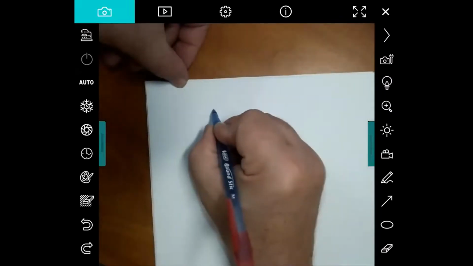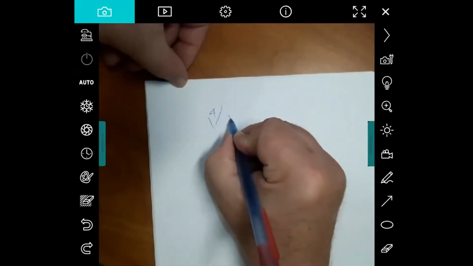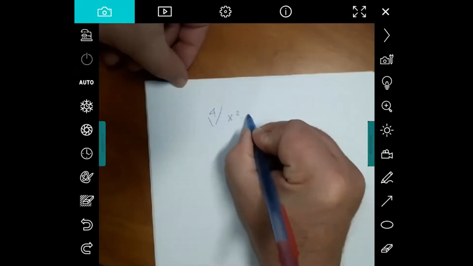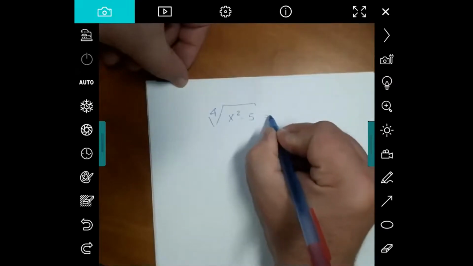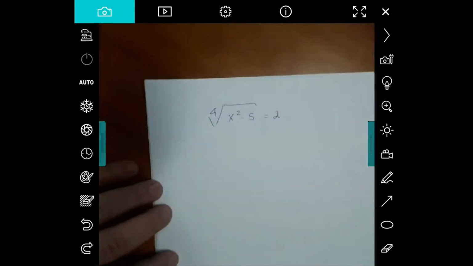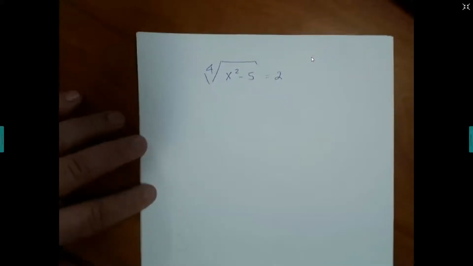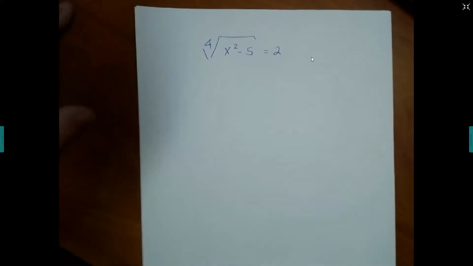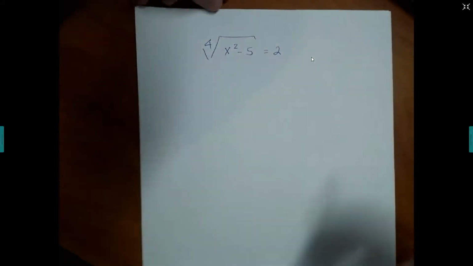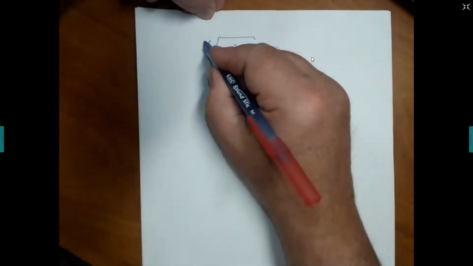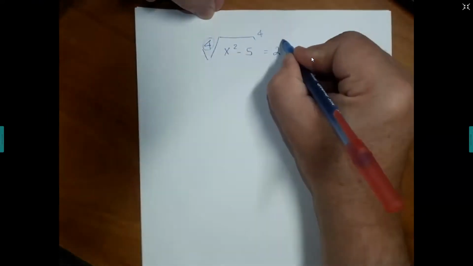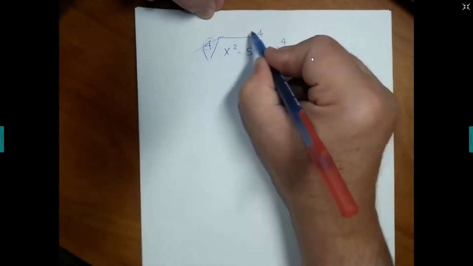All right, a bigger radical. Fourth root of x squared minus 5 equals 2. Since that's a 4, we have to take both sides to the 4th power because they have to cancel.